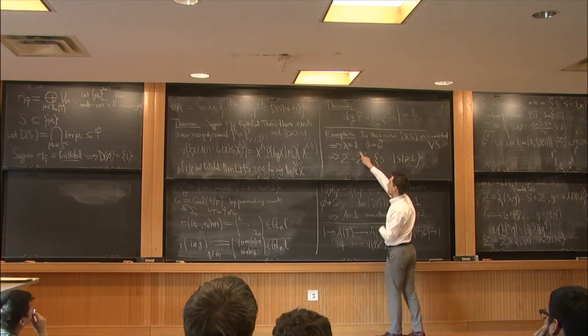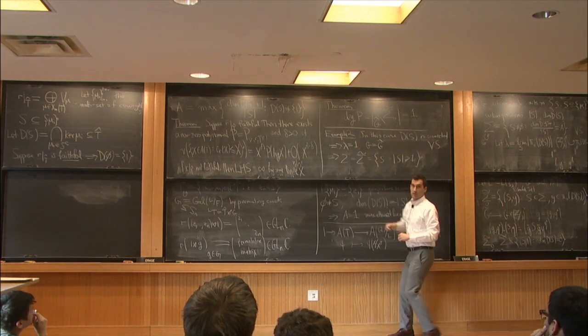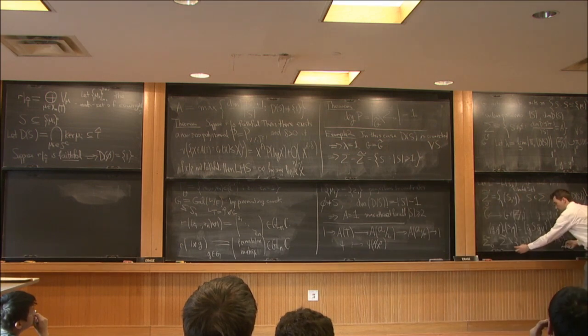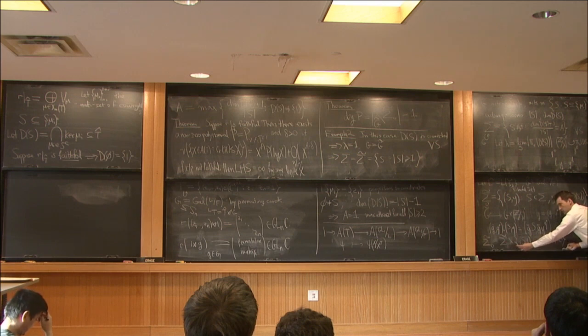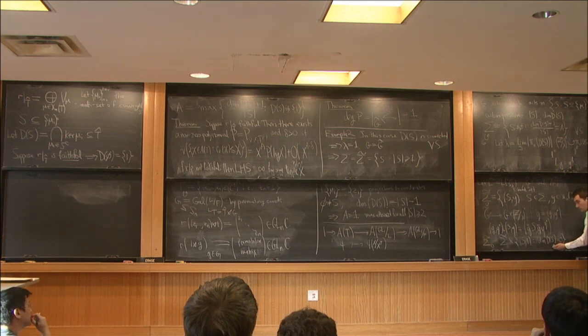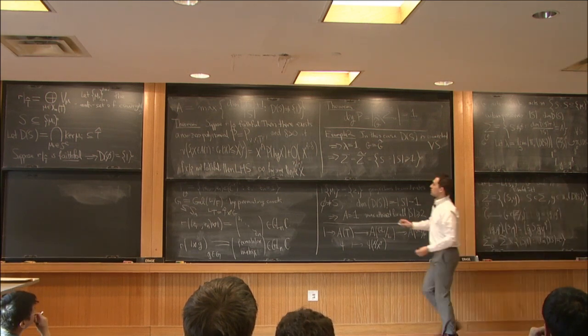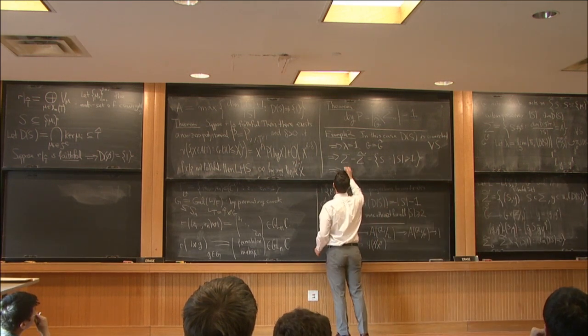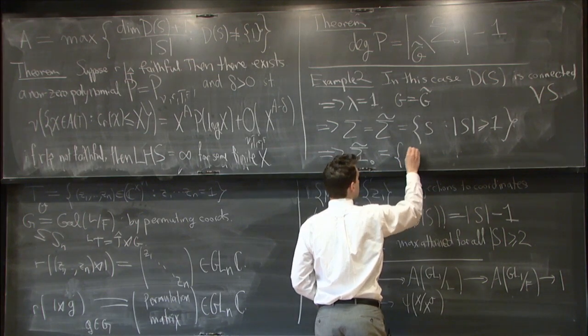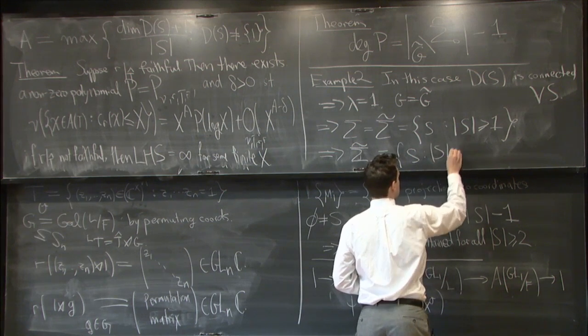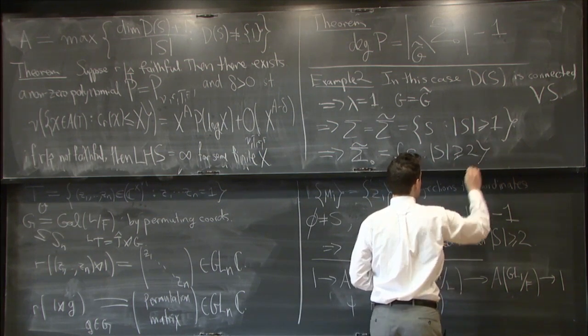And then because I have lambda equal to 1, taking away this set to form sigma tilde 0 just deletes exactly all of the S's of size 1. So sigma tilde 0 is the set of S such that the cardinality is greater than or equal to 2.